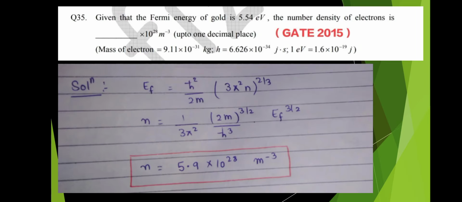In this question we know that Fermi energy for a free electron gas is h bar square by 2m times k square, also k is equal to 3 pi square n raised to power 1 by 3. Just putting the values, and as in GATE and now in CSIR NET the calculator has been provided, just plug the values and you will get the answer. So the answer would be 5.9.